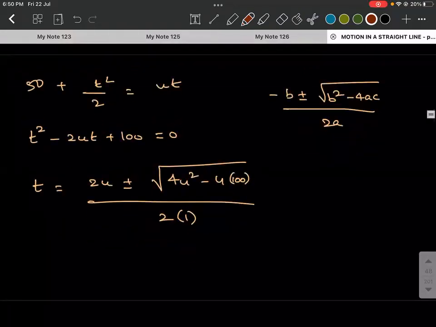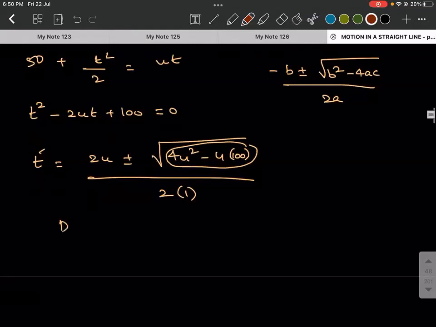Is it clear? For this time to be a real value, what should the discriminant be? Discriminant should be greater than or at the minimum equal to 0. So 4u square minus 400 should be greater than or equal to 0.